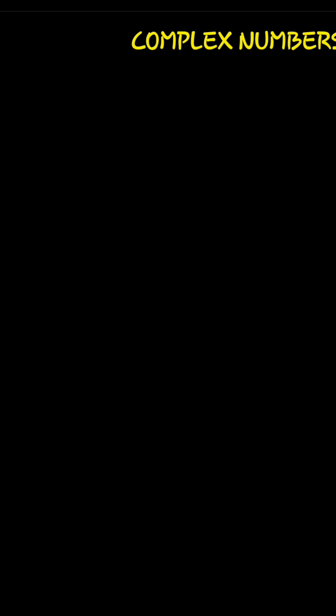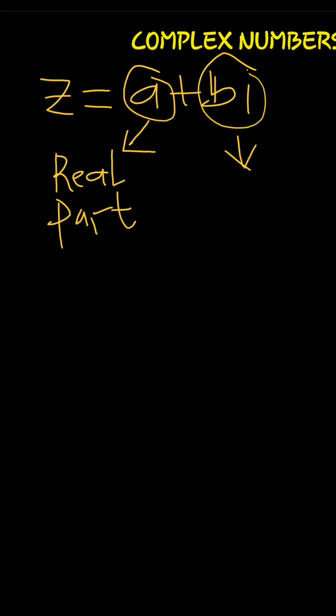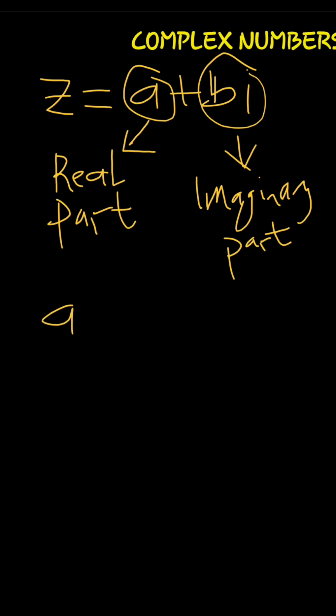When representing a complex number, we use z is equal to a plus bi, where a is the real part and bi is the imaginary part, and a and b are real numbers.